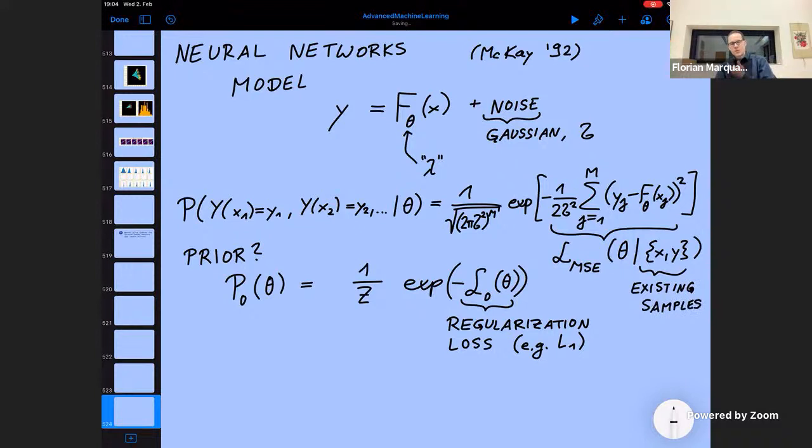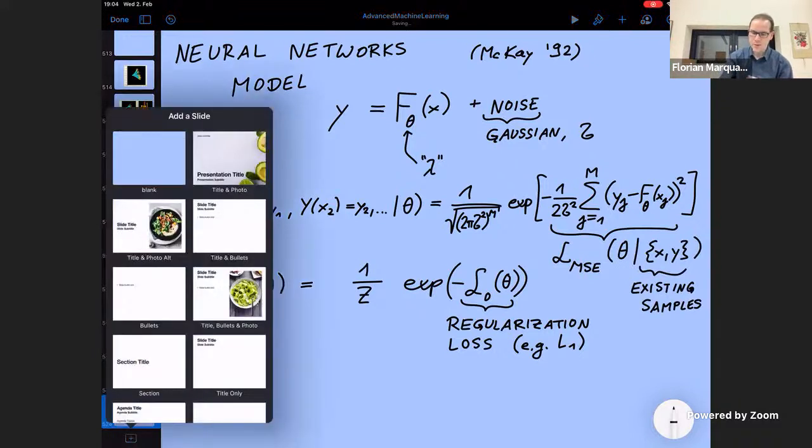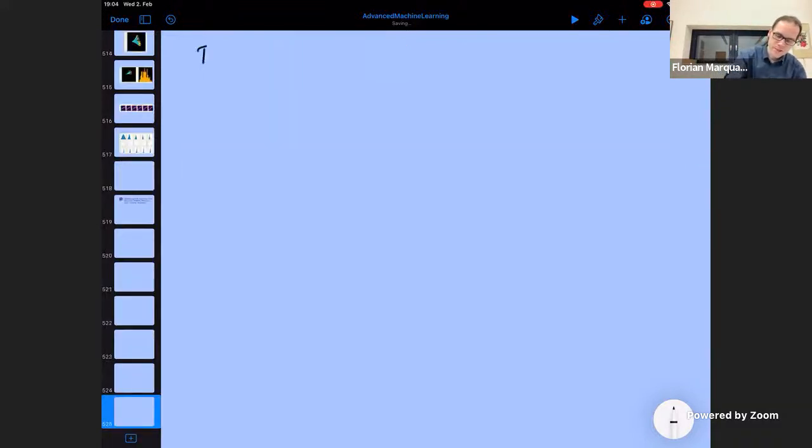So now I can write down Bayes. I can just multiply the two, the prior and the model. So if I simply apply Bayes, what is P of theta given the measurements or given the training samples?